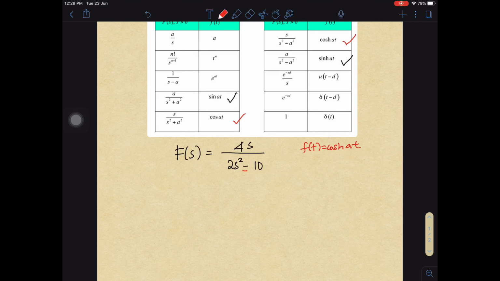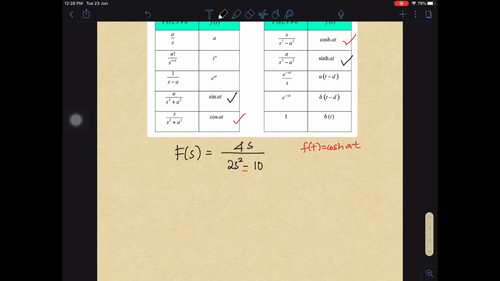So the first step is you need to write your denominator in the form of s squared plus or minus a squared. Now you have 2 as a coefficient of your s squared. From the table, your s squared must have a coefficient equal to 1. Therefore, the first thing you need to do is factor out 2.